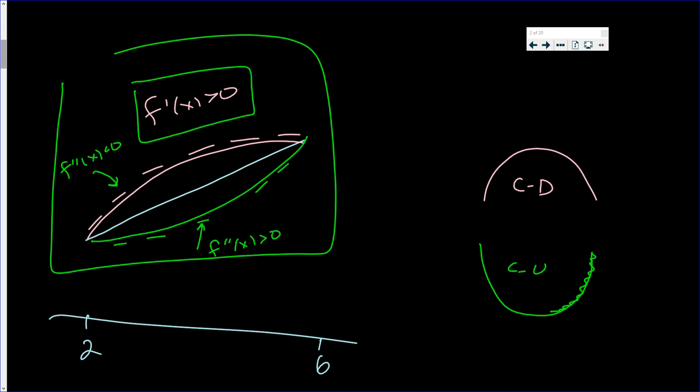The green graph only has positive slopes, that is positive tangent lines, but yet the purple function is concave down and the green function is concave up. You don't know anything from the first derivative to the second derivative. There is nothing that you can conclude. If you know the first derivative is positive, that's all you know.